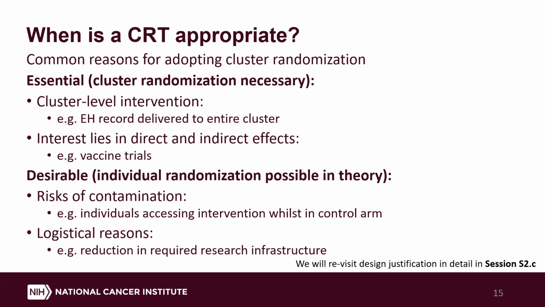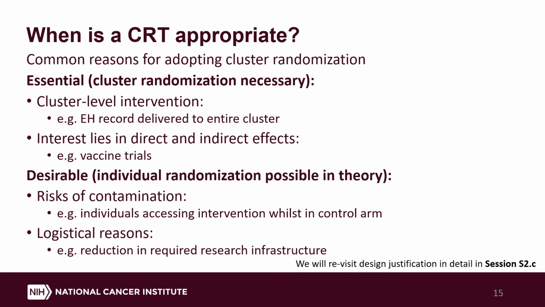So given the competing advantages and disadvantages of the cluster trial, when is the cluster trial appropriate? There are some common reasons for adopting cluster randomized designs, and I've described them here, divided up into those which I'm classifying to be essential, so cluster randomization is necessary, and those where cluster randomization might be desirable, but individual randomization is possible in theory. It's essential to use cluster randomization if the intervention is delivered at the level of the cluster.